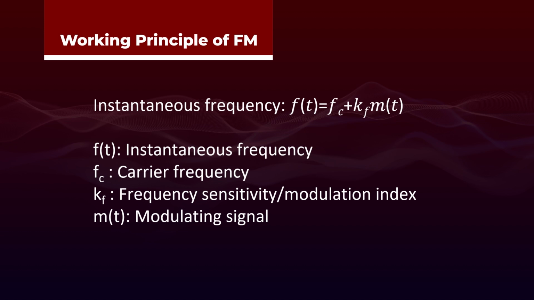It is an important outcome from this equation. Here, f(t) is the instantaneous frequency of the modulated signal, fc is the carrier frequency, kf is the frequency sensitivity, and m(t) is the message or the modulating signal. This relationship indicates that the frequency of the carrier wave varies according to the message signal, encoding the information onto the carrier wave.